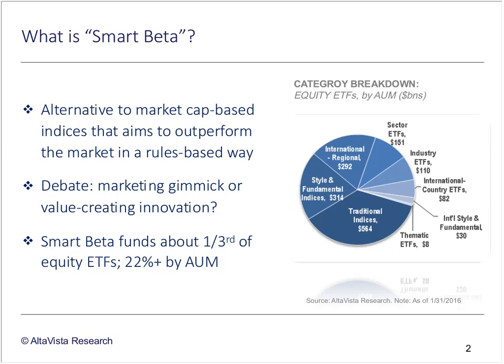And proponents of traditional cap-weighted indices see the so-called smart beta indices as a foolish attempt to beat the market over the long term, which they correctly note that very few strategies have accomplished. And of course, a lot of people are unhappy with the implication that something which isn't smart beta must therefore be dumb beta. Our purpose today, though, isn't to resolve this debate, but rather to help you evaluate if smart beta ETFs are right for your portfolio.